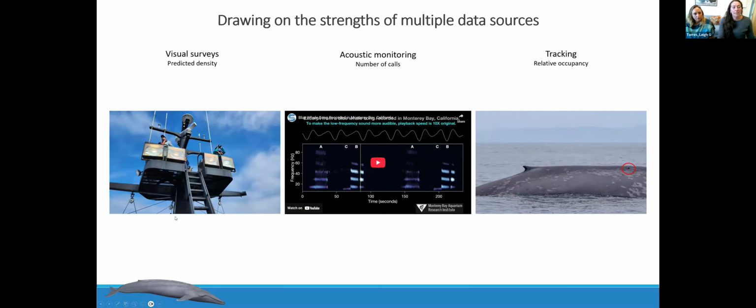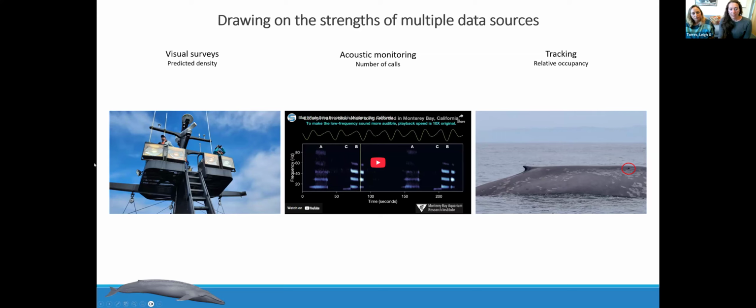We've spent a lot of time focused on the visual survey component today, but in the MOSAIC project, which is a large collaboration among folks in the Marine Mammal Institute that have been collecting a lot of different types of marine mammal data, cetacean data for many years, we're able to also leverage these other data types such as acoustic monitoring and tracking, so putting tags on large whales and tracking their movements for a few of these species, blue whales being one of them.